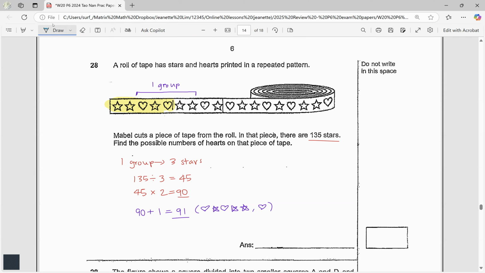If this is the second last group, and you want 135 stars, the last group must have 3 stars. But what if you end here? Technically, you should include this as the last group, but they say 135 stars. So as long as I end with 3 stars in a group, I can say that this heart in the last group may not be included.